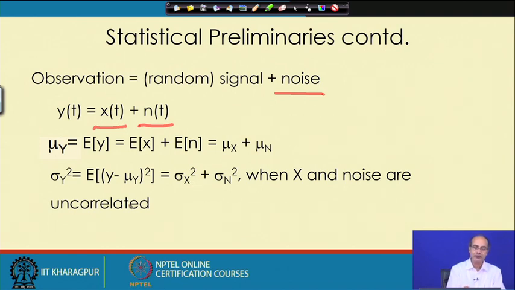In the same way, we can find the variance of the observed signal, and with simple calculation it can be shown that it is the sum of the variance of the signal of interest, that is sigma x square, plus the variance of the noise.